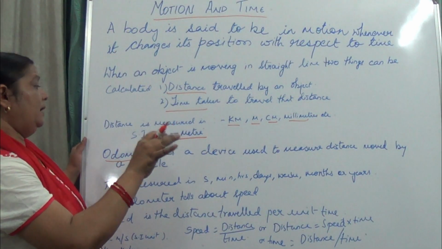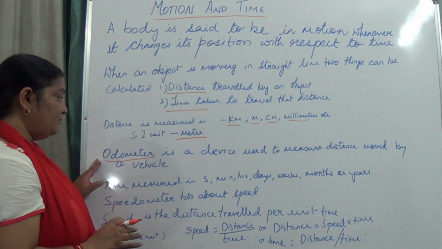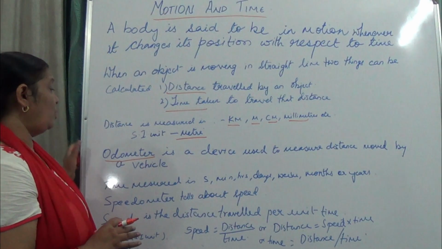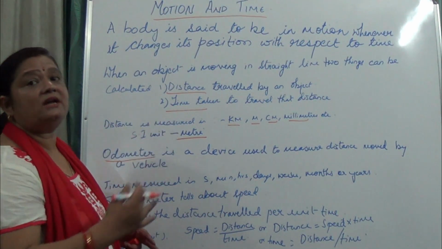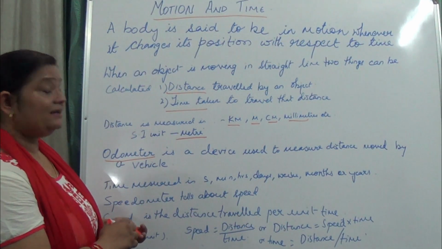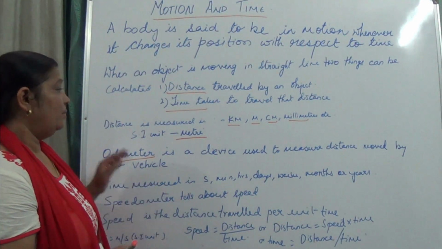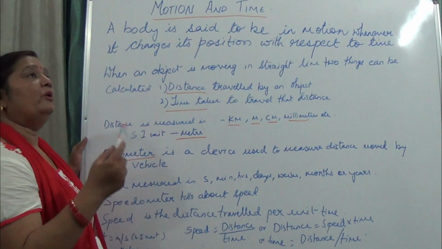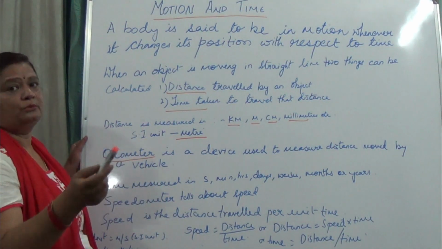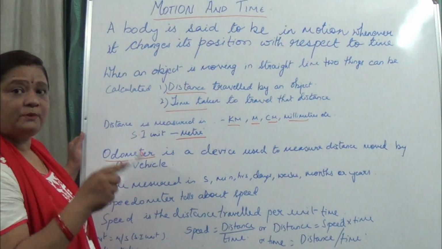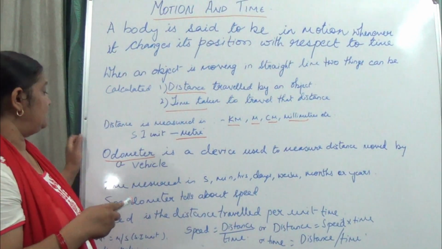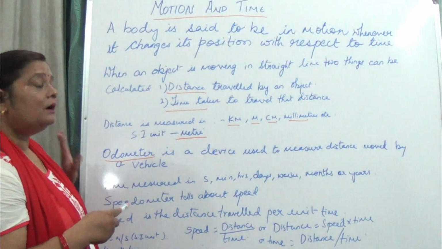Its use is to measure the distance that the vehicle is covering. So when you say you went from your home to school by car and covered this much distance, what helped you calculate that distance? The odometer present in your car.